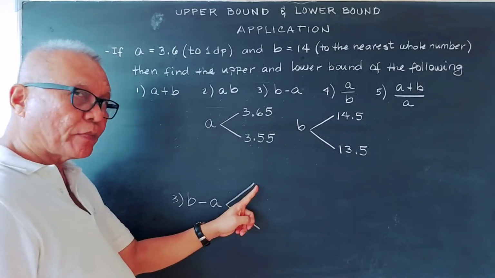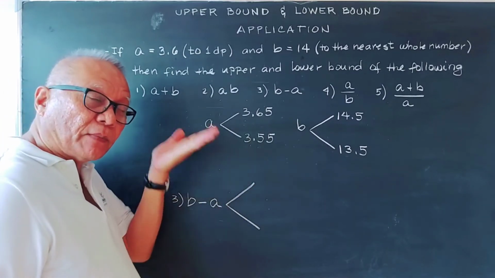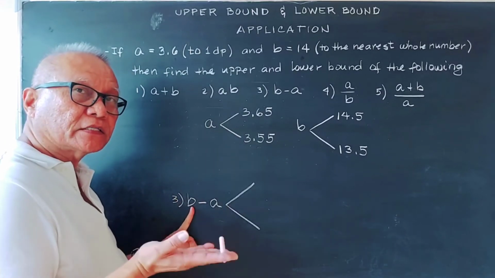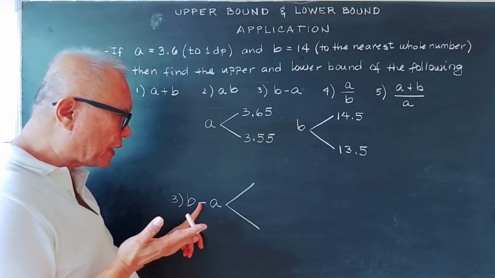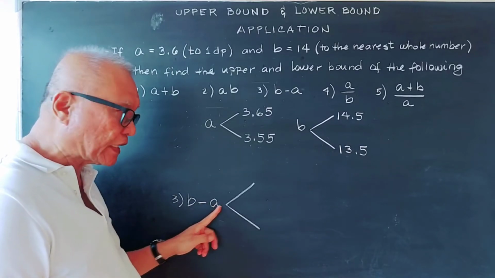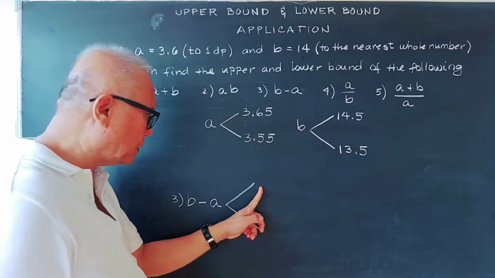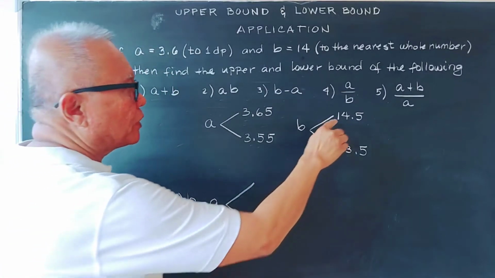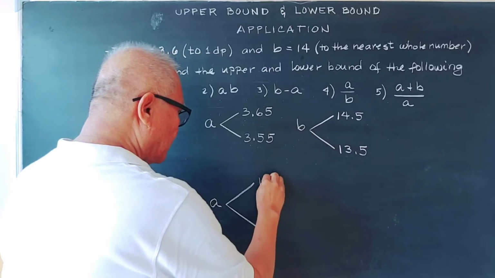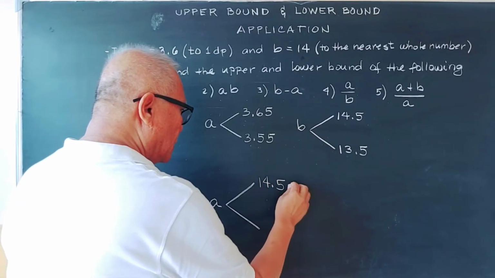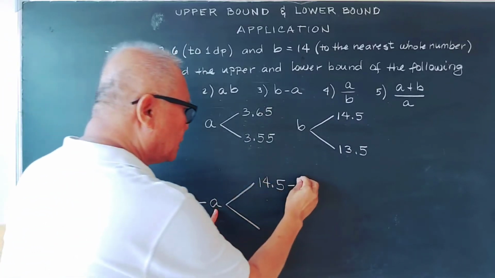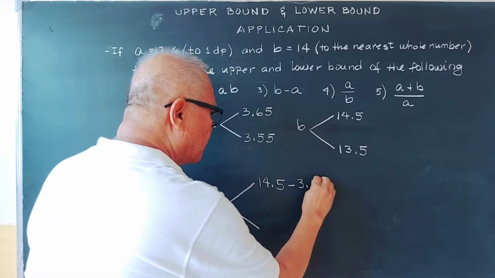Okay, number 3, this one is minus, so it is a little bit tricky. Now to get the upper bound, the maximum, we need this one to be the highest, or the upper, minus the lower, so we can get the maximum value here. So for the B, we need the upper, which is 14.5, minus for A, we need the lower, 3.55.